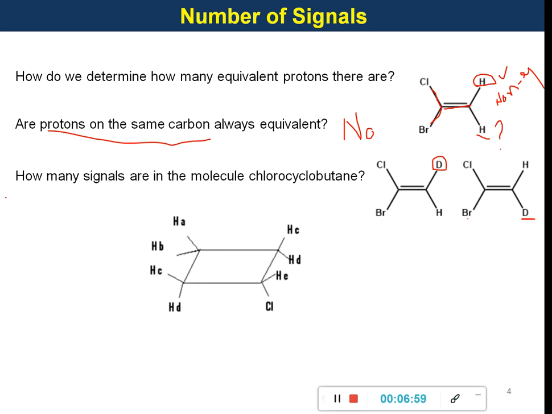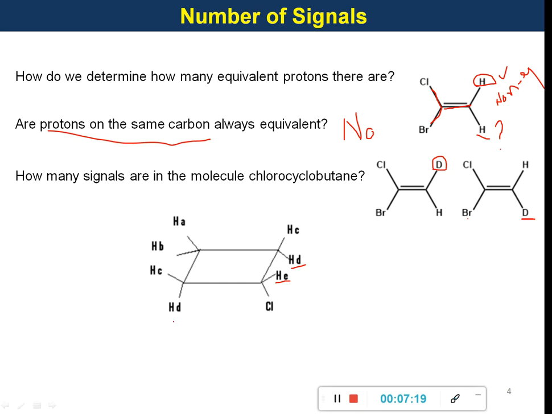So then we have to determine how many signals are possible for a particular molecule. So consider this chlorocyclobutane molecule. Now you have to first check how many protons are possible for this compound.